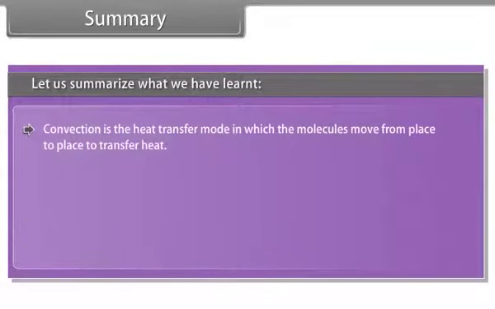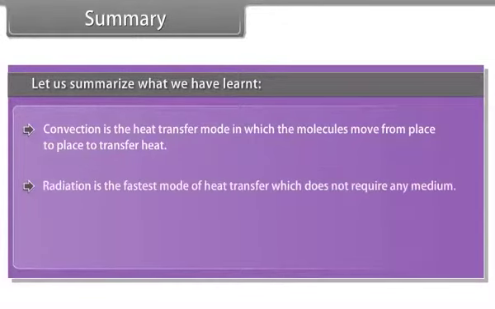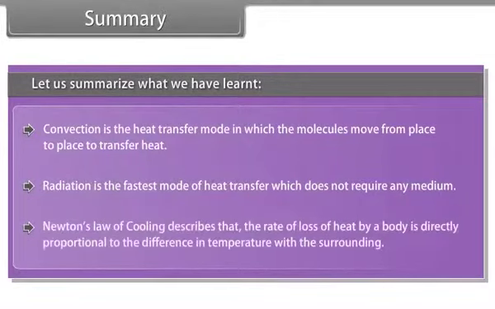Convection is the heat transfer mode in which the molecules move from place to place to transfer heat. Radiation is the fastest mode of heat transfer, which does not require any medium. Newton's law of cooling describes that the rate of loss of heat by a body is directly proportional to the difference in temperature with the surrounding.